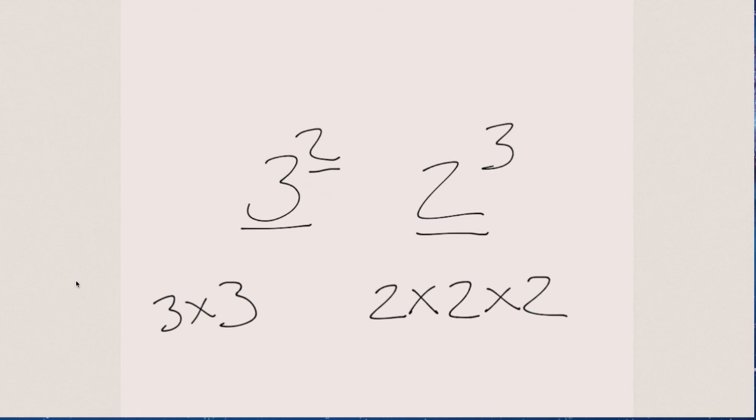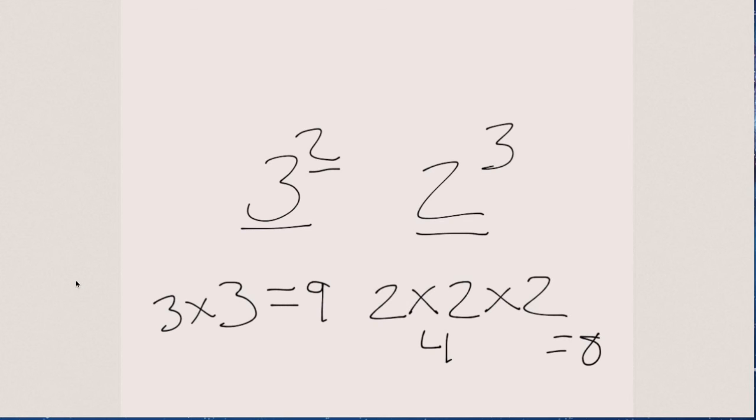Now let's do the math. 3 times 3 is going to get me 9. 2 times 2 is 4, and 4 times 2 equals 8. So in this case, 3 to the 2nd power is bigger than 2 to the 3rd power, but not by much.